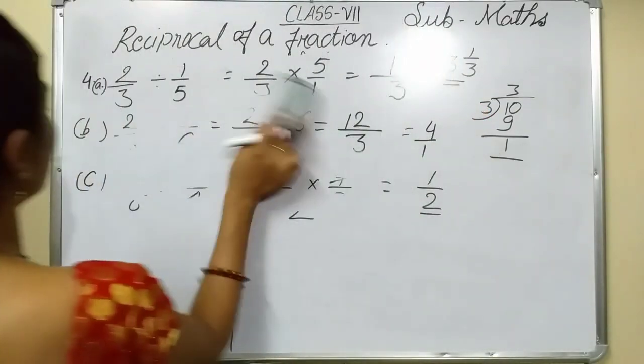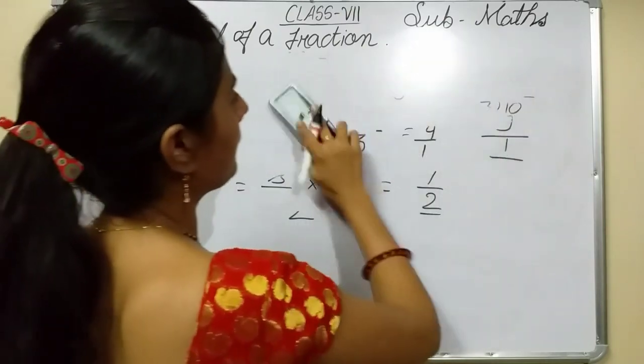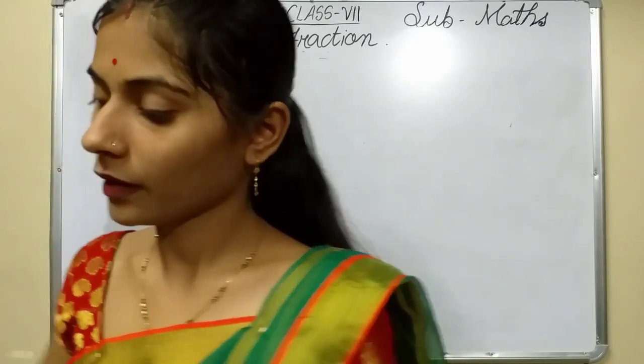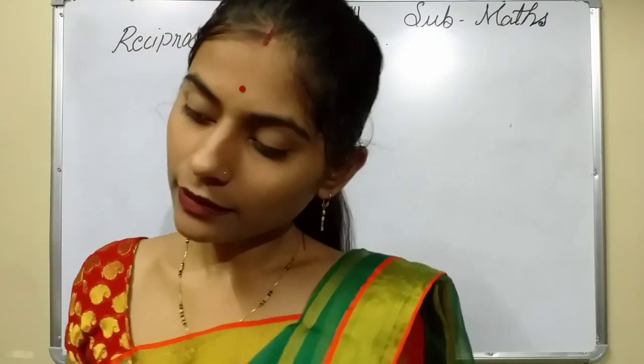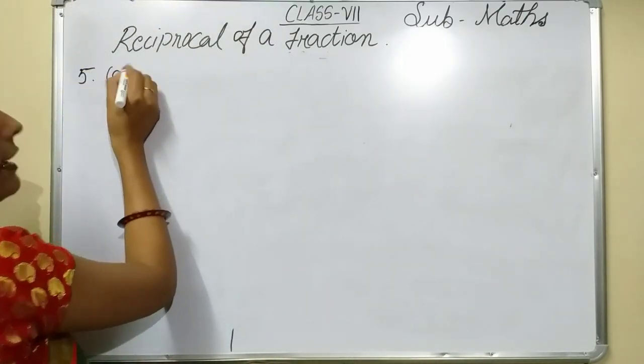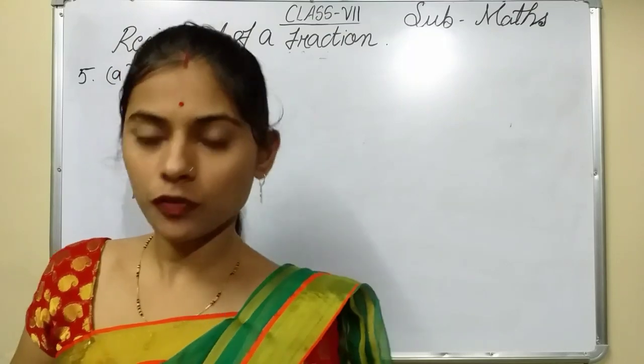See the fifth question. State whether the answer is greater or less than 1. Fifth question, number A, I will explain, and the rest of the questions you can do yourself.